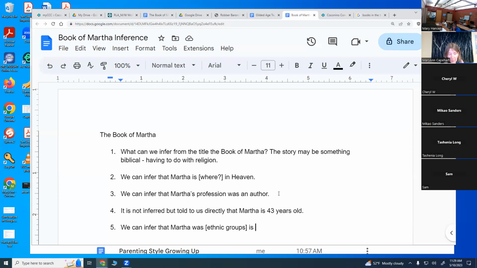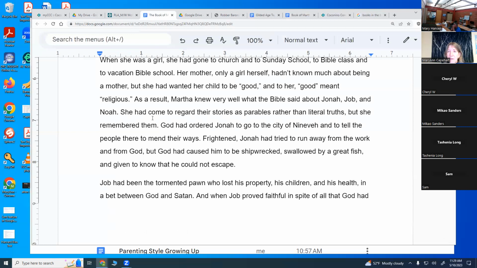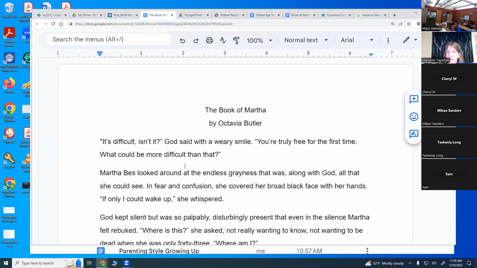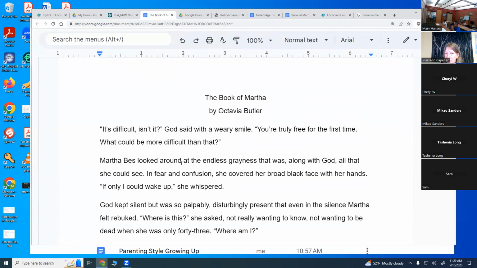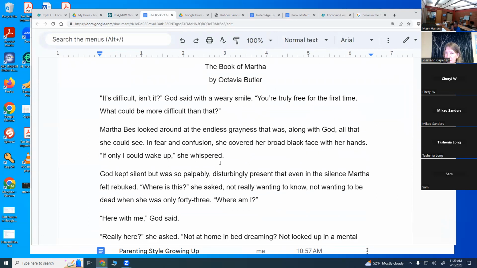No? Gotta be detectives when you read. So up here, skim, it's our favorite thing to do, trying to answer questions. Here, how about the second paragraph? Yep.